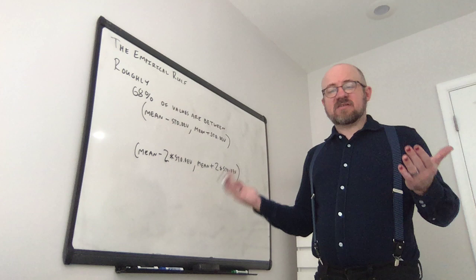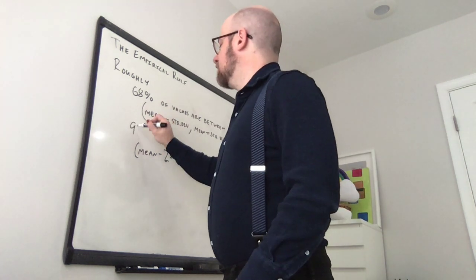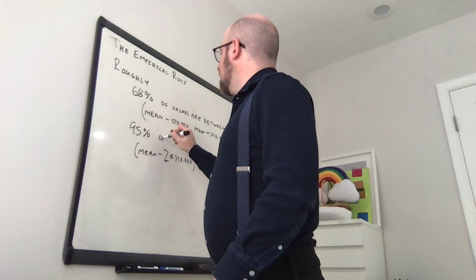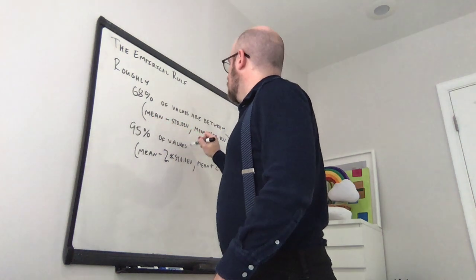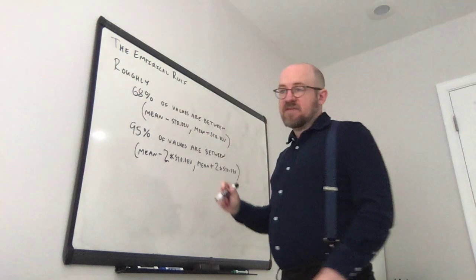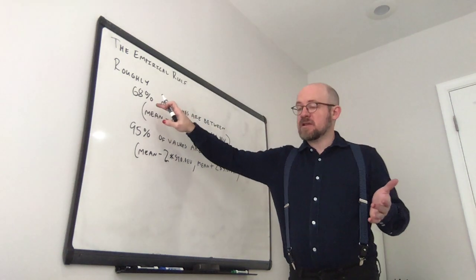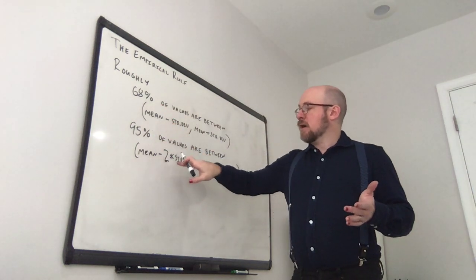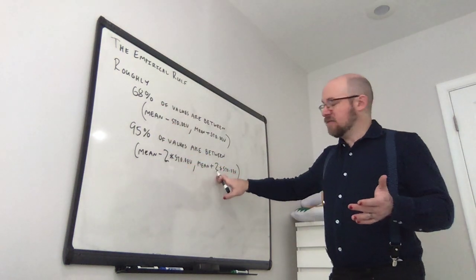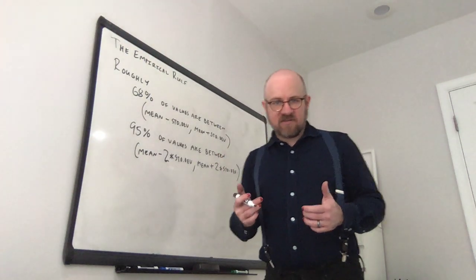So from 30,000 to 70,000, in that range, roughly 95% of the values are within 2 standard deviations of the mean. That comes from the exact same reasoning as the way we found 68%. If you take the values for a z-score of -2 and a z-score of +2, you get 97.73 minus 2.28, and that comes out to right around 95%.